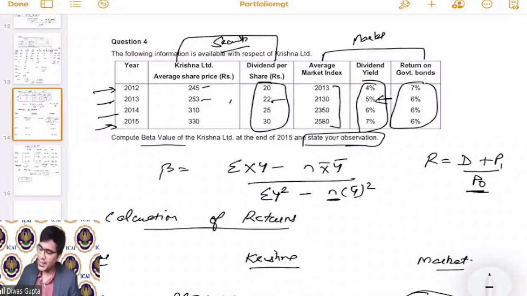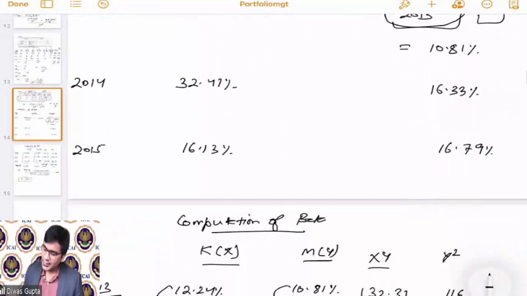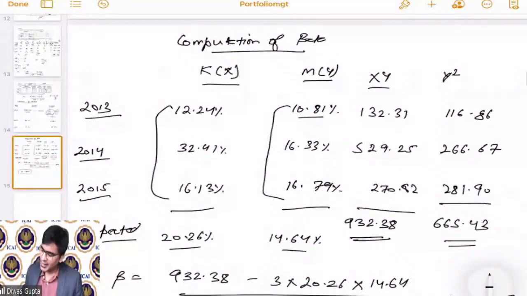Now, students, if you see, this question was around calculating the beta, in which we were given the Krishna Limited prices, correct? And we were also given the market index. So as I have mentioned here, this data is related to security and this data is related to market. Using both of them, we have calculated the returns of both market and security.